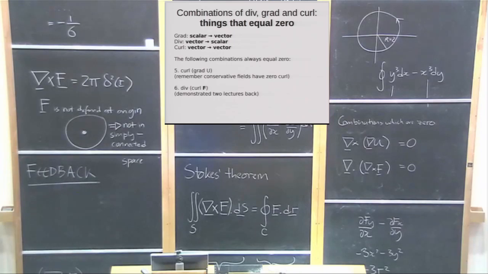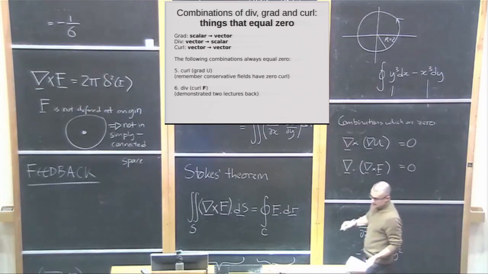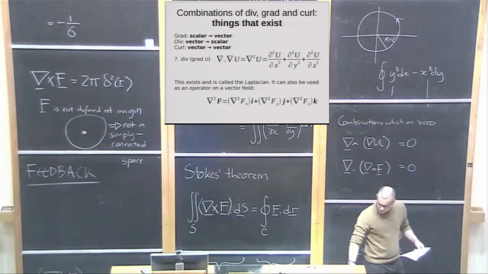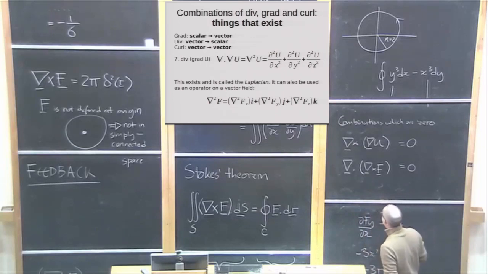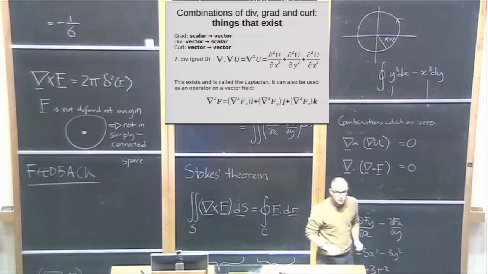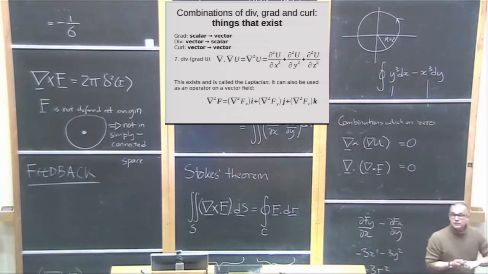So conservative fields have zero curl, so that's the reason why the curl of grad is zero, and we demonstrated that the divergence of the curl was zero, I think, 2 lectures back, possibly. Right, there are a few combinations which do exist and which are non-zero. The most important of these is the Laplacian, which we came across briefly a few lectures back.